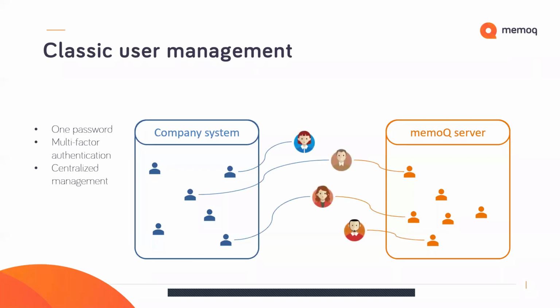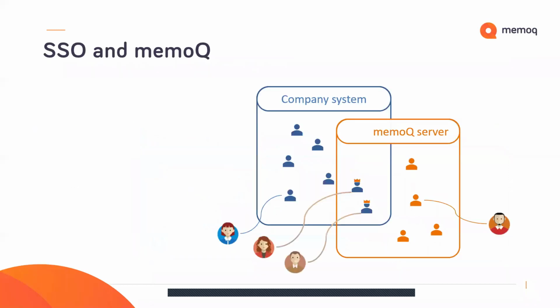Now, as it happens, there are some people who have a user in both systems, both the company system and the memoQ server. Of course, there are some who only have a user in the company system, and there are others, like freelancers, who only have a user in the memoQ server. So what SSO, single sign-on, means is that those users who have a user in both the company system and the memoQ server, those two users can be merged.